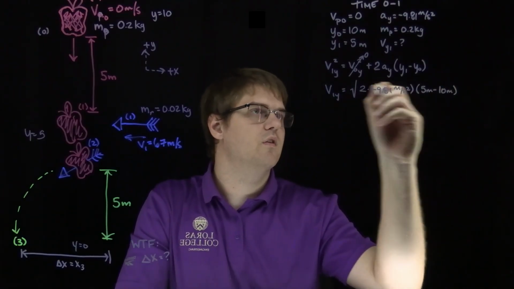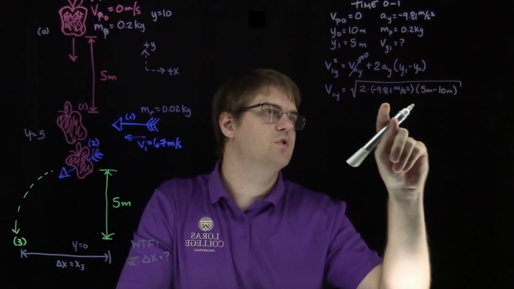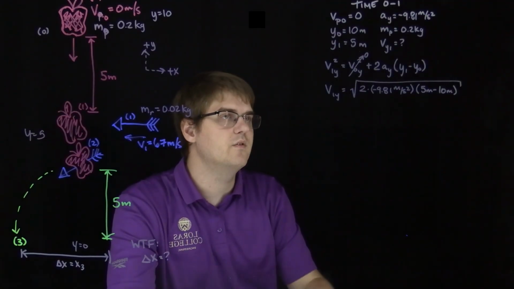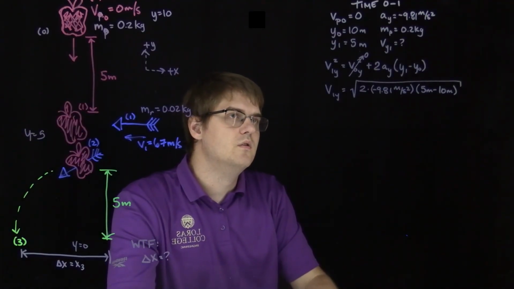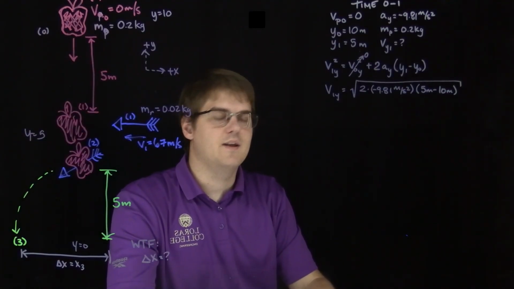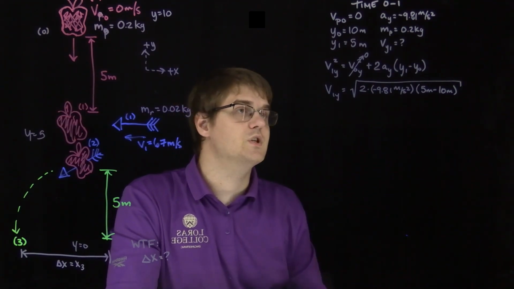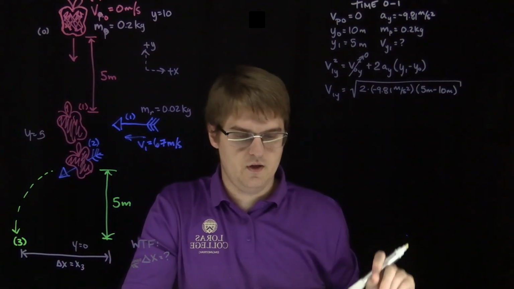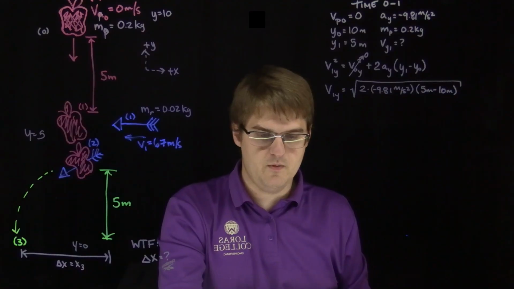That's good because that ends up being negative, and negative times negative will be positive. So I can actually take the square root of it, which is wonderful, having a solvable problem.